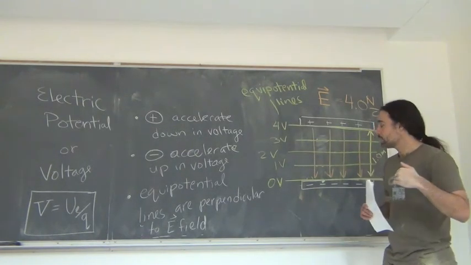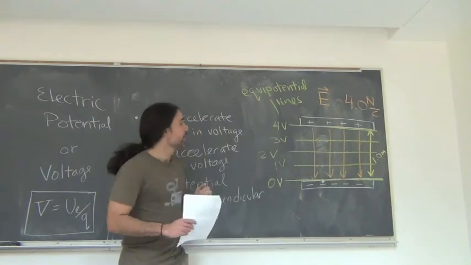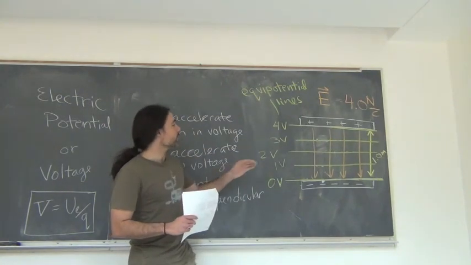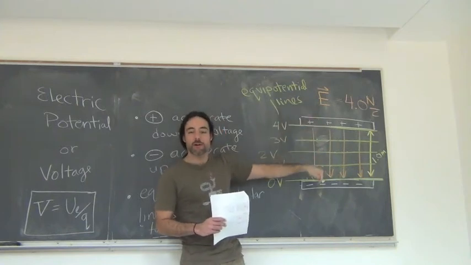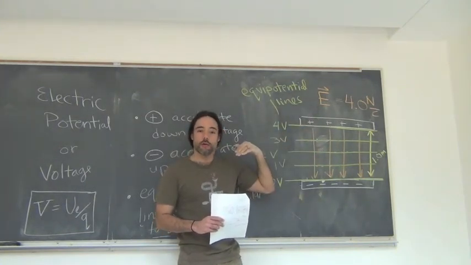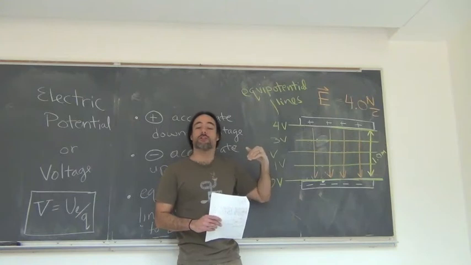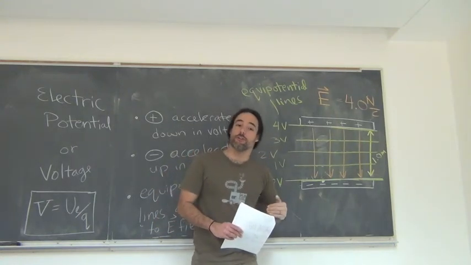So we can imagine that the electric field is kind of like an arrow that's pointing in the direction that the potential decreases.